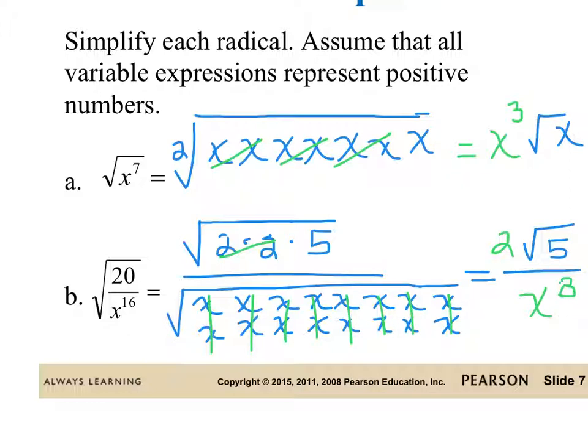And again, just remember that the index is 2 and 2 goes into 16 8 times. So that's the shortcut for that one.